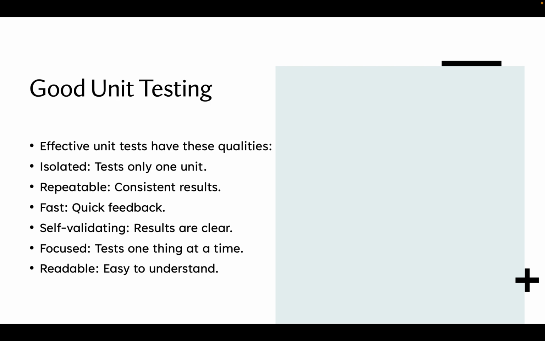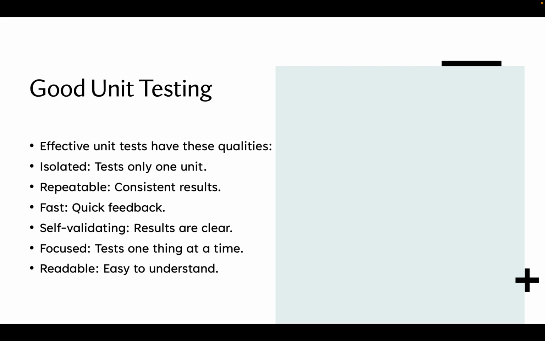So let's go for good unit testing. Effective unit tests have these kinds of qualities: isolated, testing only one unit; repeatable, with consistent results; fast, with quick feedback; self-validating, so the results are clear; focused, testing one thing at a time; and readable.